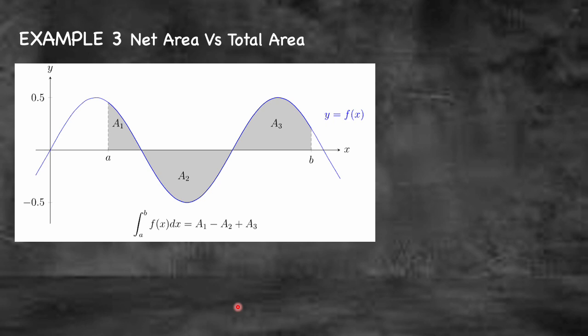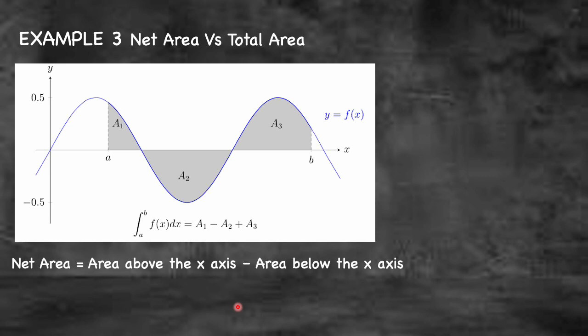In example 3, we're going to be looking at the difference between net area and total area. The net area is going to be when we find the area that's above the x-axis and we subtract the area below the x-axis.